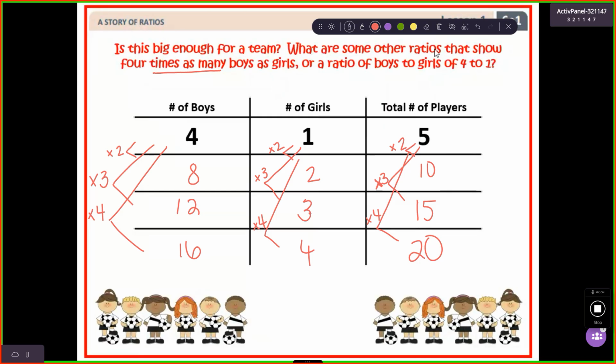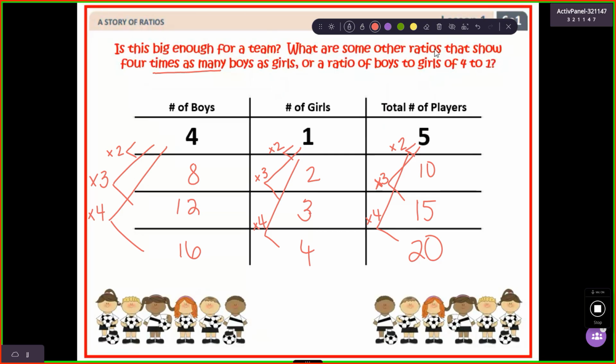Now I want to look just going from boys to girls. Don't look at the total. If you have to cover it on your paper with your hand, that column, you can. Okay? Look at how they're going from 4 to 1, 8 to 2, 12 to 3, 16 to 4. So do y'all see what I'm asking you to do?